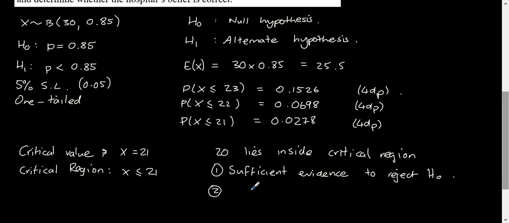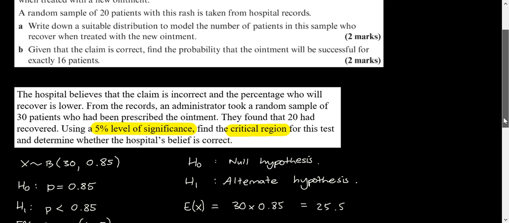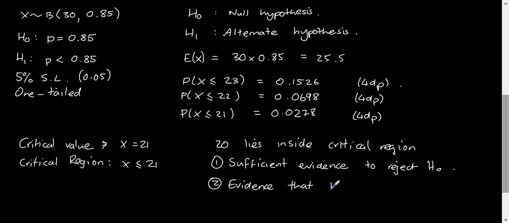The second conclusion has to do with the context of the question. And so we say that there is evidence that the company's claim is incorrect. And that's the question done.